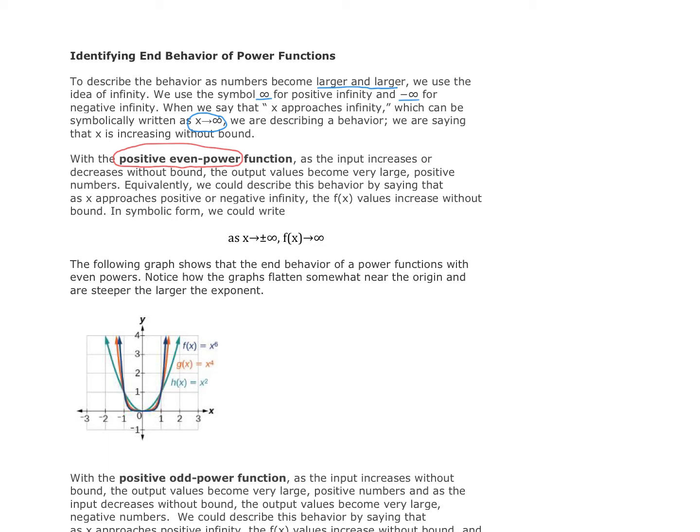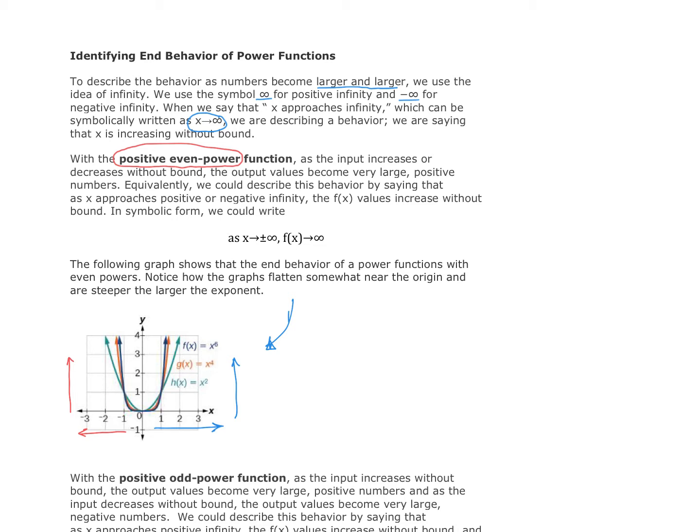So the graph here shows three different power functions. Each one has an even power. We have x squared, x to the fourth, and x to the sixth. And what you'll notice is that on both ends, as x approaches infinity, the function values get larger, and as x approaches negative infinity, the function values also get larger.